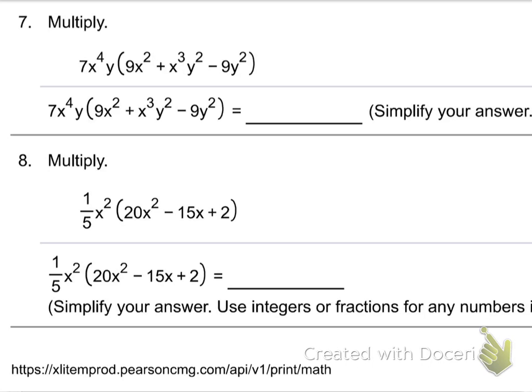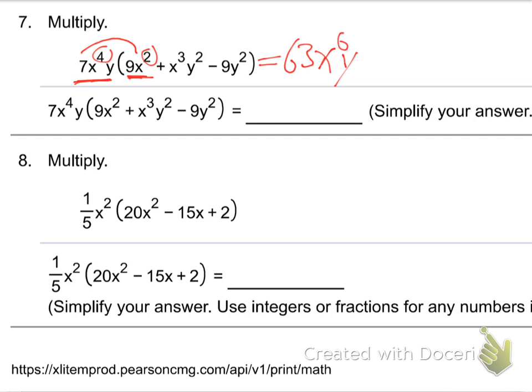So try number 7. Multiply again. Like you guys are getting it. So that's 7x to the 4th y, which hits 9x squared. So out front numbers multiply, powers on same letters add. So 7 times 9, 63. The x to the 4th and x squared makes x to the 6, and the y is still there. Good for the first one?